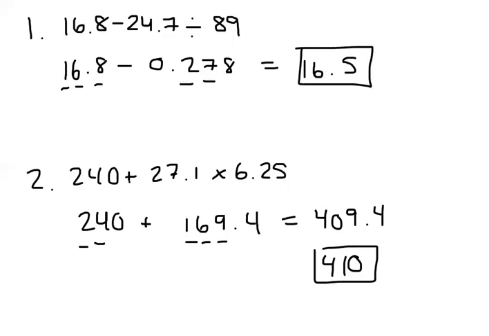Because I'm not rounding up from the 4, I'm rounding up from the 9. See that? Because I want it specific to the tens place. And so specific to the tens place, 409.4 is closer to 410 than 400.